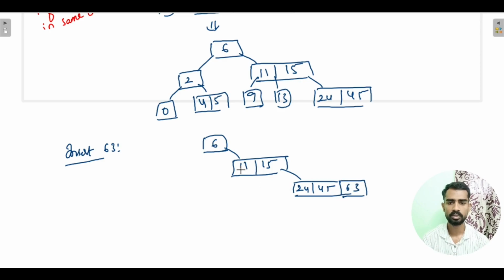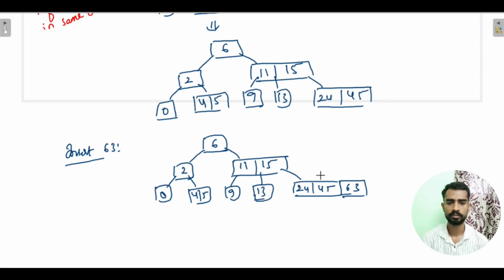Okay, now let me complete the other parts of the tree. So 2 here, 0 here, 0 here, and then we have 4 and 5 here, and then we have 9, and here it is 30. All right.